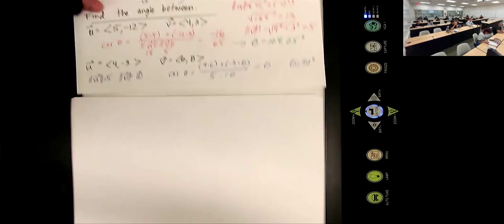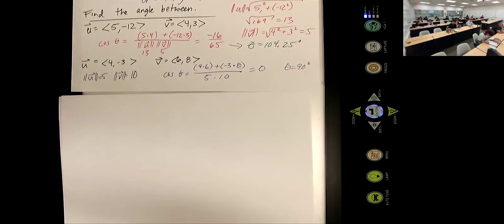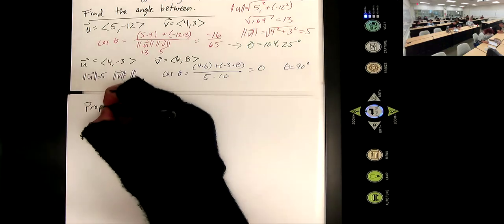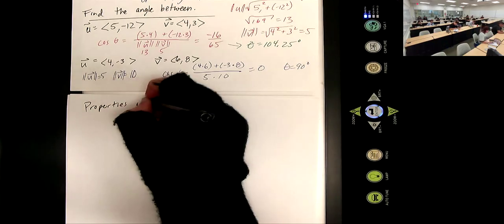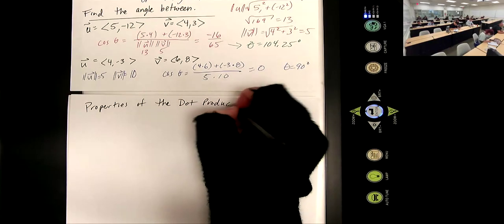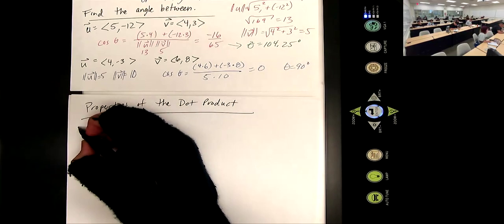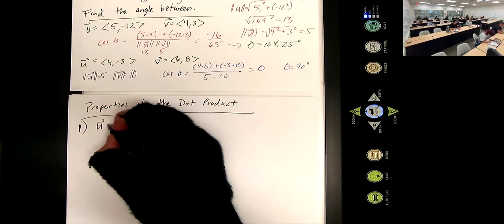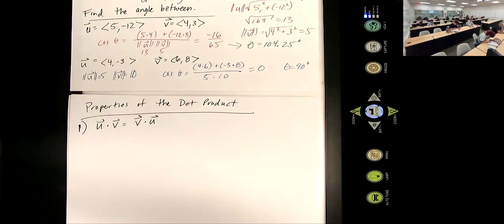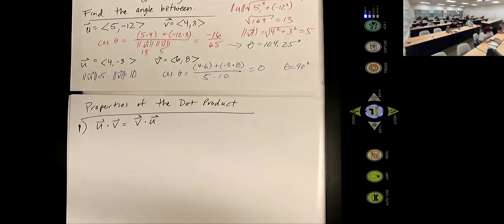Alright, some properties of the dot product, and then we'll be done. U dot V, if you work it out, is the same thing as V dot U. Which is handy, it follows normal multiplication. 2 times 3 is the same thing as 3 times 2, it doesn't matter what order I multiply them in.